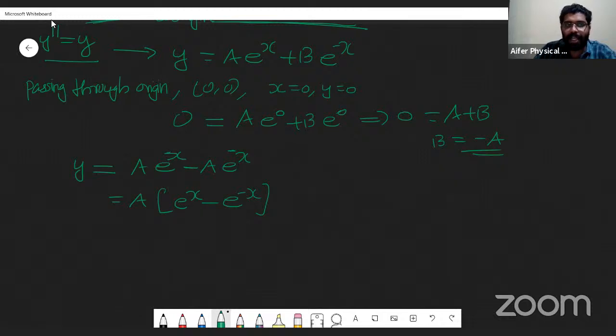Now the second condition is that it passes through the point (log 2, 3/4). That is, when x equals log 2, y equals 3/4.